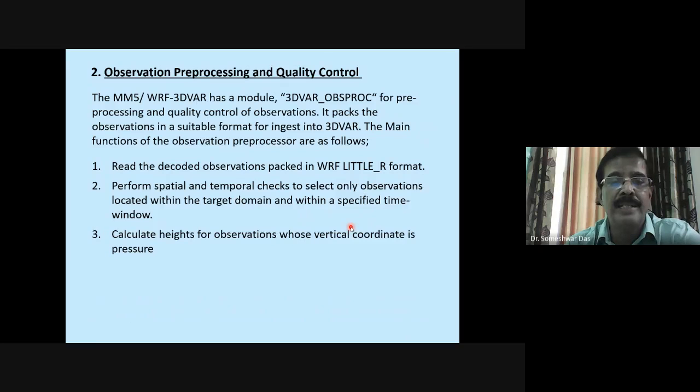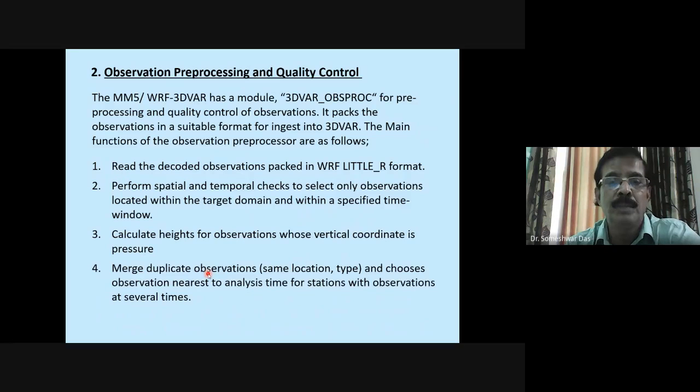Then you calculate heights for observations whose vertical coordinate is pressure. Okay, some observations are reported in pressure coordinate, so that has to be converted into the height coordinate. You have to assign the altitude in meters or geopotential meters where the observation is collected.